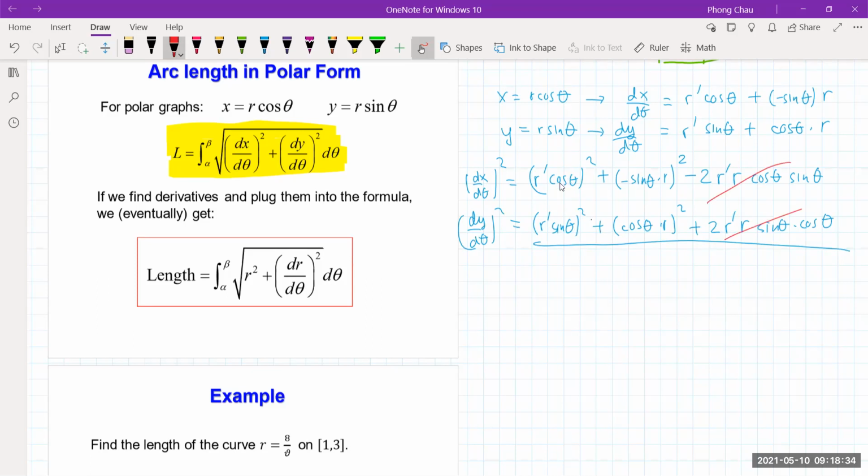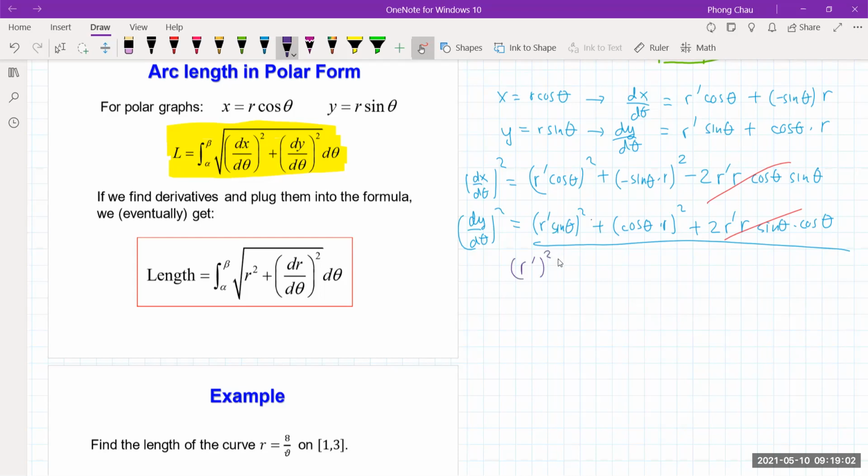But the nice thing is that a trig identity can be used. Look at these: r prime squared, which is the derivative of r squared, times cosine squared, plus r prime squared times sine squared.